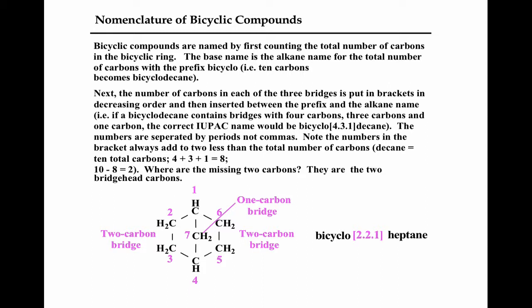Let's go back to one that makes a little more sense. The other one would be highly strained. But nonetheless, you get the idea, right? We can have those types of rings. What if we had something that looked like this? How would we name that?